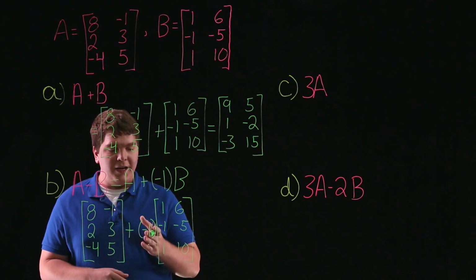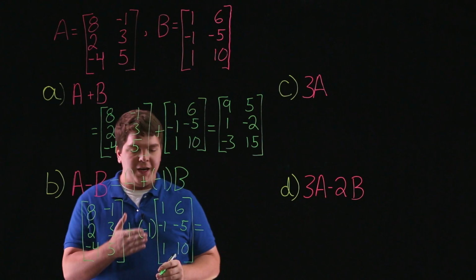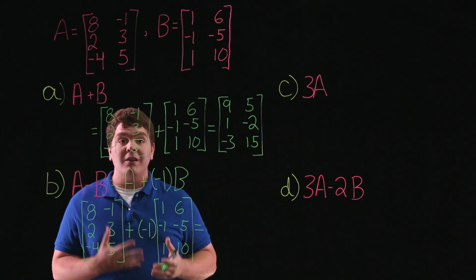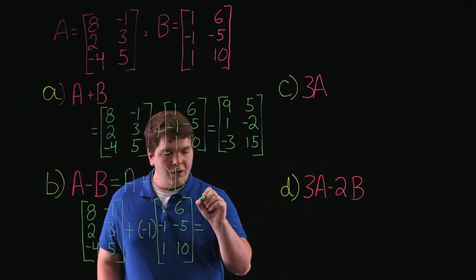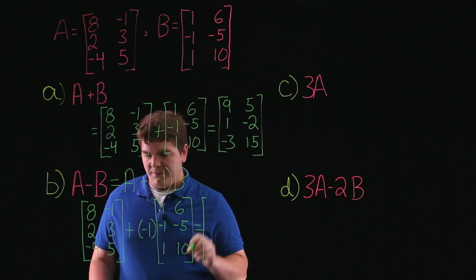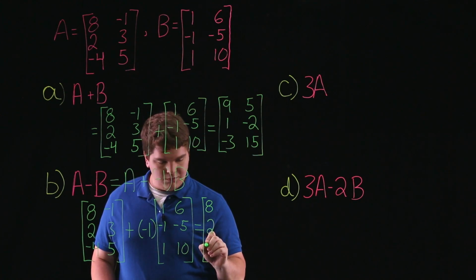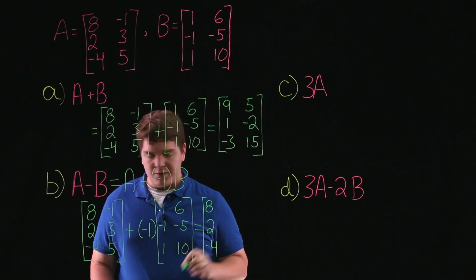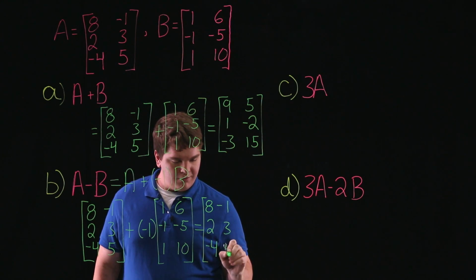Next, we'll want to find negative 1 times our matrix B. Well, all we have to do to find negative 1 times our matrix B is multiply each entry in our matrix B by negative 1. So we're left with our matrix A, which is 8, 2, negative 4 down the first column, negative 1, 3, 5 down the second column.